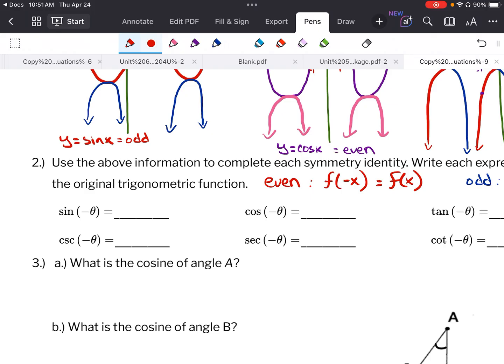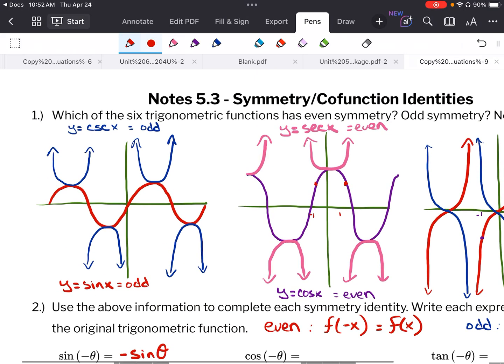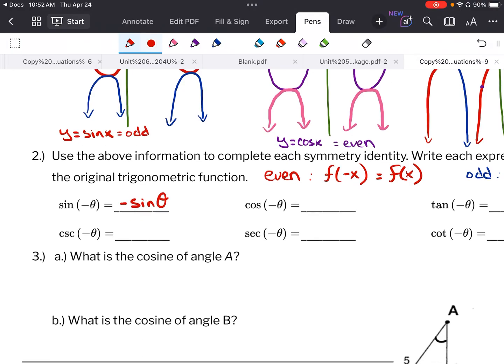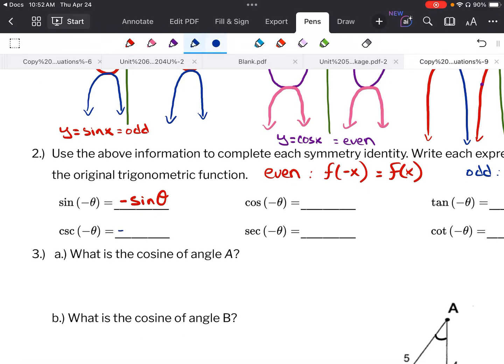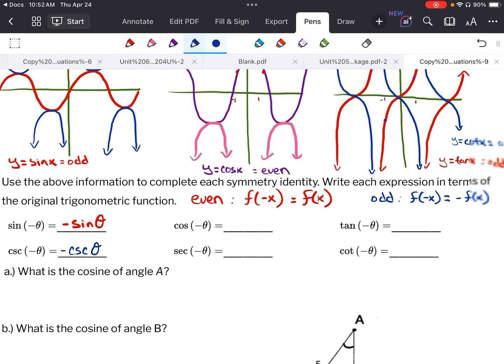Okay, so for sine, if we're making theta negative, because it's odd, we will get negative sine. We're using our graphs. Cosecant was also odd, so it'll be the negative.